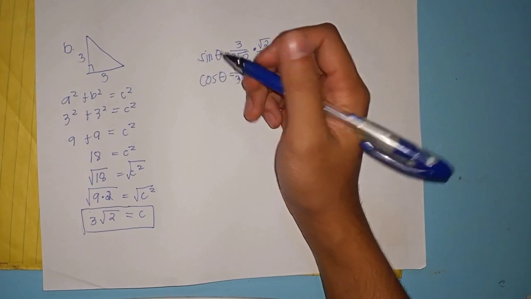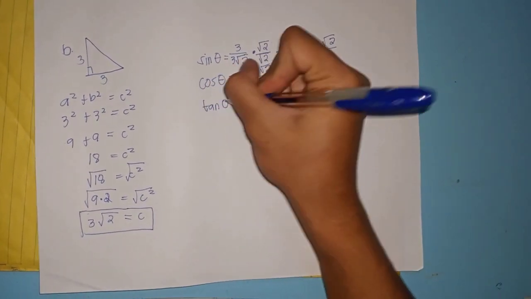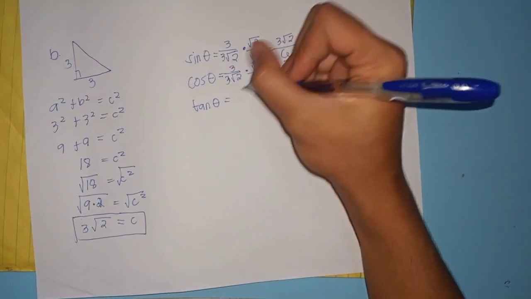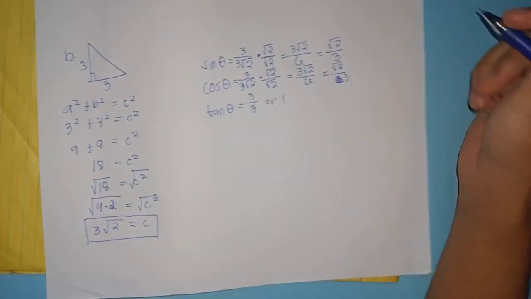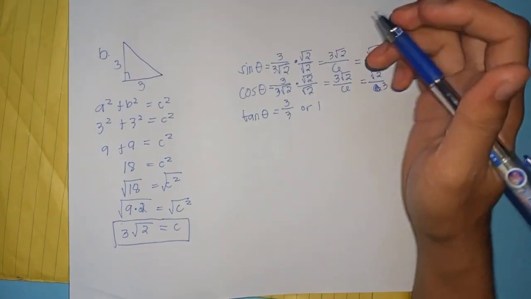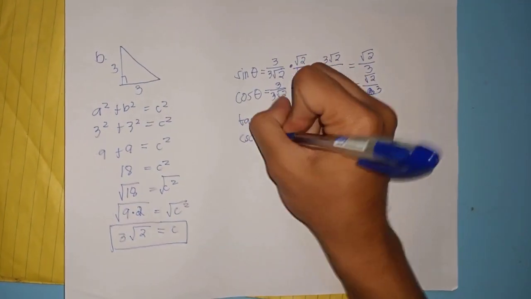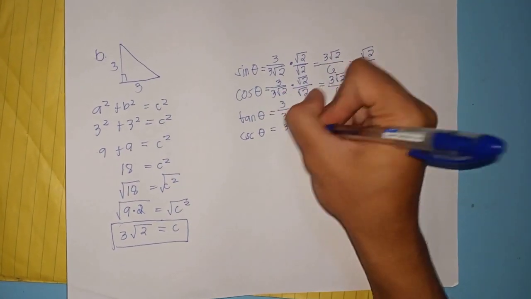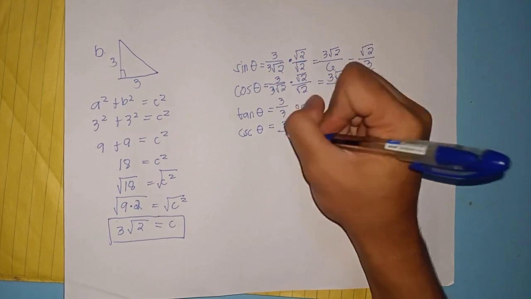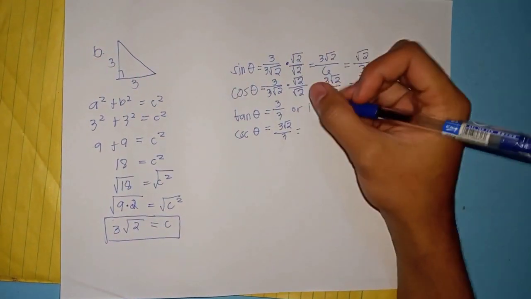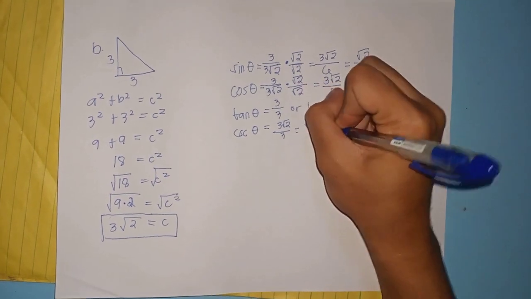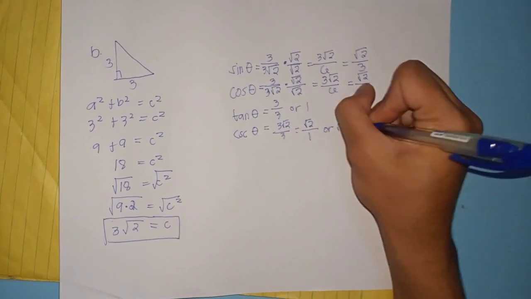Next is the tangent, a over b, so we have 3 over 3 or 1. Next is our cosecant theta. You have 3 square root of 2 over 3 is equal to square root of 2 over 1, or just square root of 2.